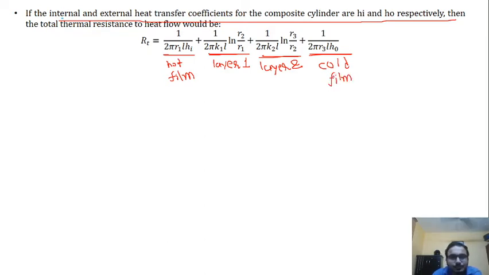Okay, so this is the way these resistances are divided, and they will all sum together.